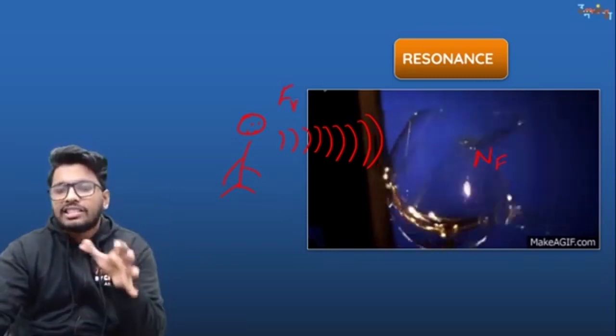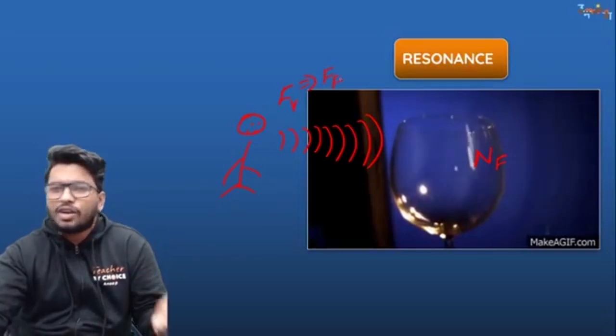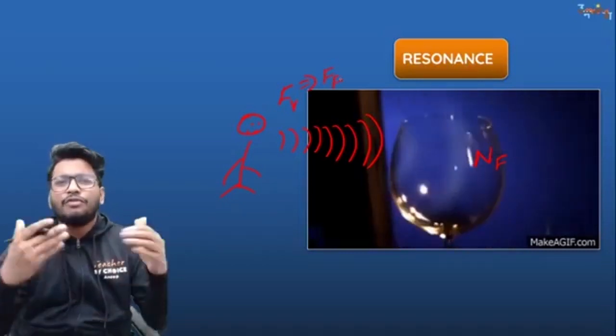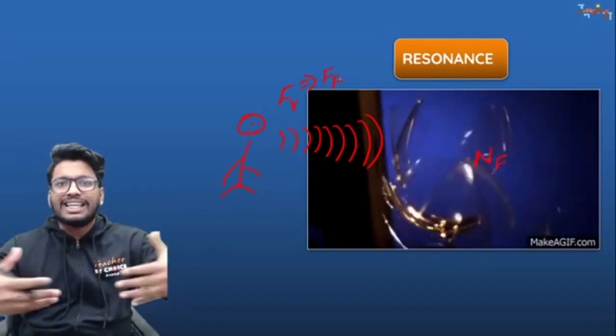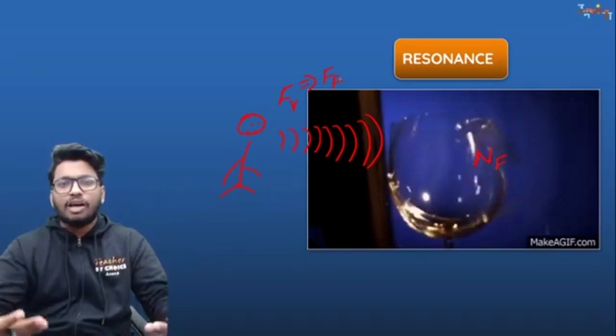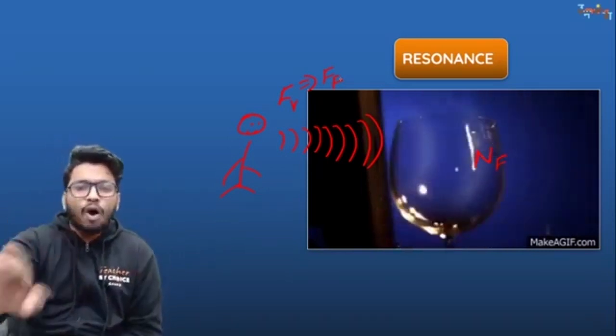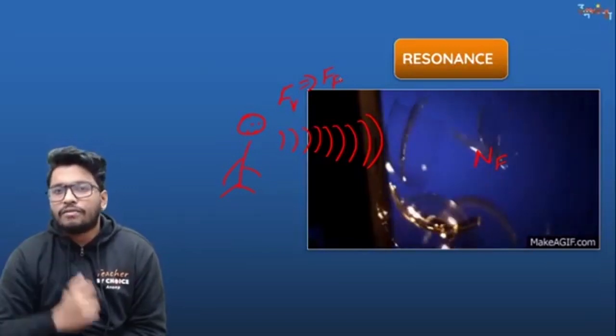Now, this forced vibration will have its own frequency. We'll call it FF, the forced frequency, or the frequency of the forced vibration, because obviously every object has its own frequency. So here also, because of the sound waves, it has its own frequency. And this object, the glass, also has its own natural frequency.